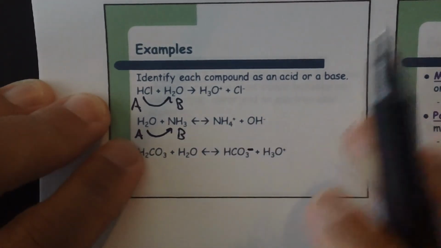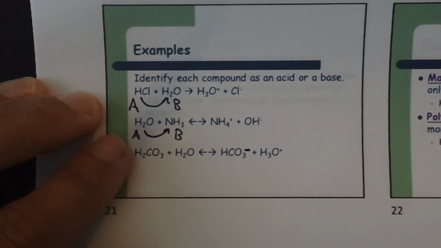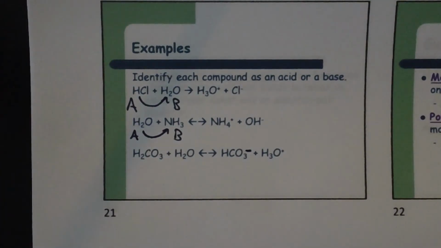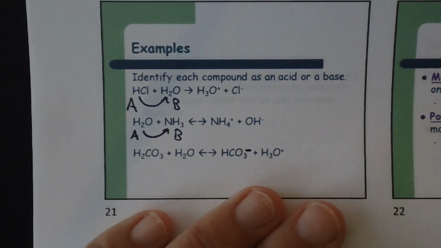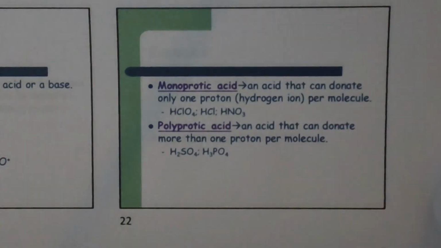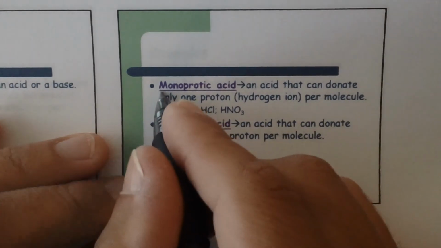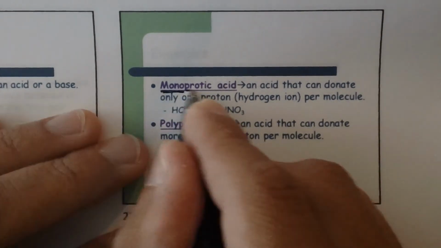We'll see the word amphoteric defined here on the next one of these, and so amphoteric means something can either act as an acid or a base. And then probably last slide before this video cuts off gives us monoprotic acids and polyprotic. Mono means one, protic means proton.